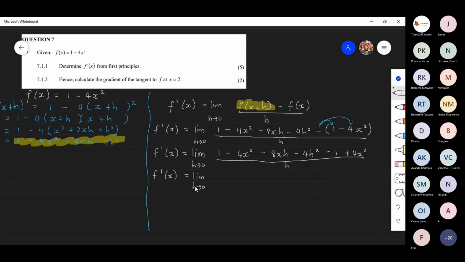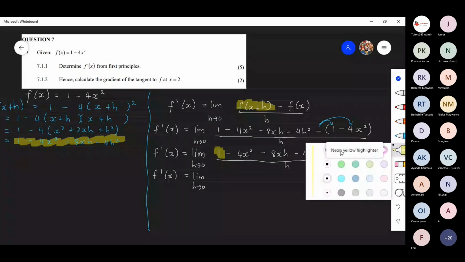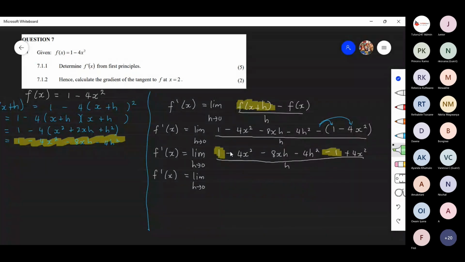From here, all we are going to do is add up our like terms. Here we have positive 1 and negative 1, which will give us 0. Next, we have negative 4x squared and positive 4x squared, and that'll also give us 0.